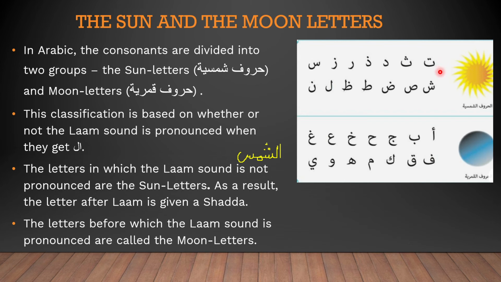With these letters, the lam is not pronounced and they get a shadda, and with these letters the lam is pronounced. Over here, if there's alif lam before any of these letters, the lam will be pronounced, and over here the lam will not be pronounced. The letters in which the lam is not pronounced are called the sun letters, and the letters in which the lam is pronounced are called the moon letters. Alright, I hope I'm being clear.